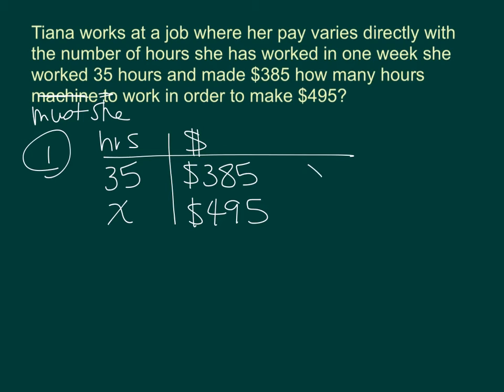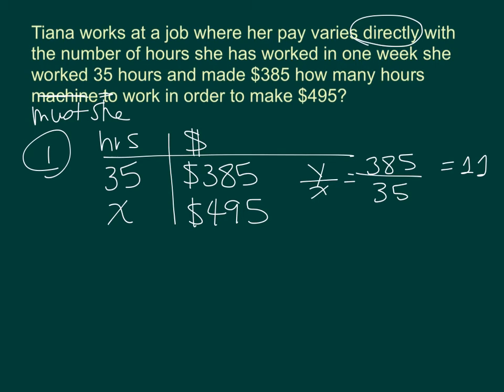So I find out what y over x is. I find the ratio. Remember, this is directly proportional, so I want to find the ratio, the slope, aka. Alright, so I'm going to do 385 divided by 35, and I get 11. Now it tells me that it's directly varied, so I know that I can do the same thing.